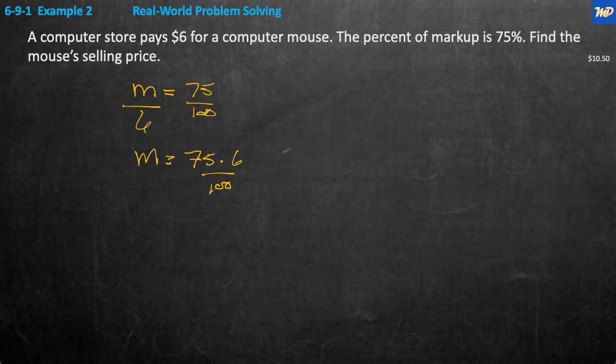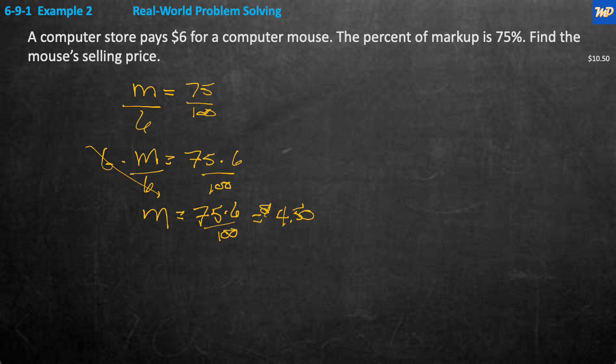The 6s cancel. We end up with the markup equal to 75 times 6 divided by 100. And 75 times 6 is 450, right? Divided by 100 is equal to $4.50. Well, that's the markup.